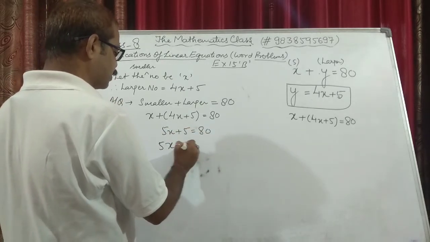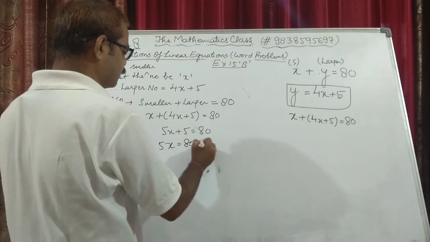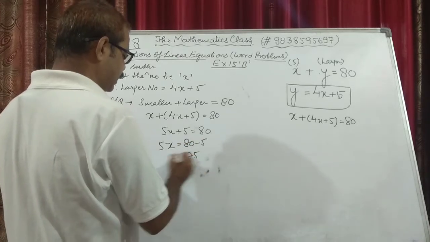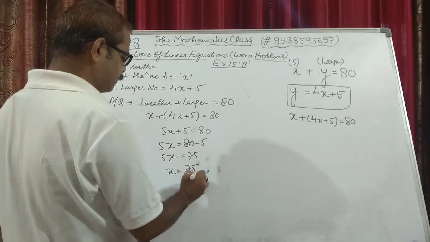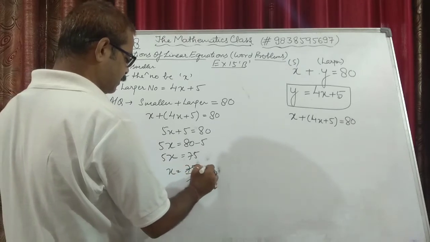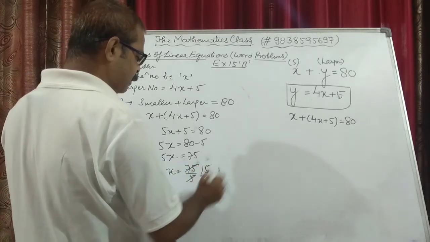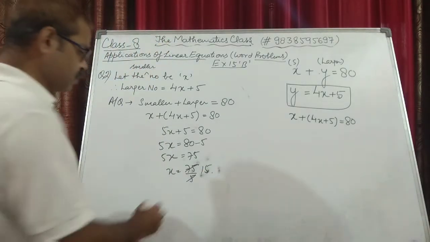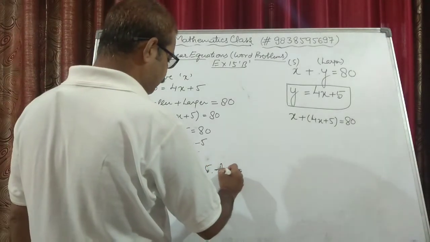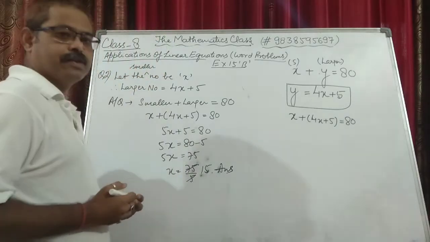So 5x is equal to 80 minus 5, that is 75. So x is equal to 75 upon 5. 5 ones are 5, 5 fives are 25. So the smaller number is 15. That is the final value.